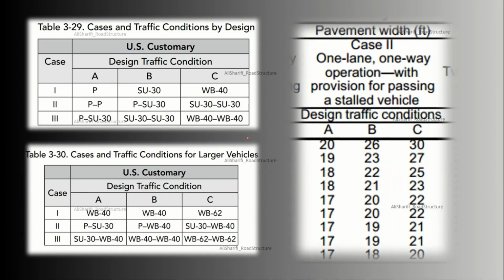Or for example, for case 2, traffic condition B, this table says a passenger car can pass a stalled SU-30 or vice versa with full clearances, and it's still wide enough for a passenger car to pass an occasional stalled WB4D, although with lesser lateral clearances, at the very least half of those provided for combination of passenger car and SU-30.